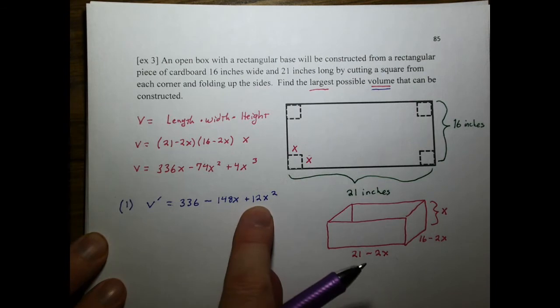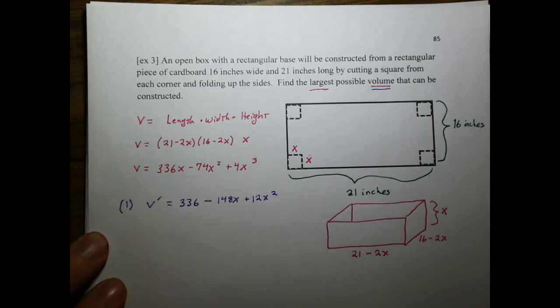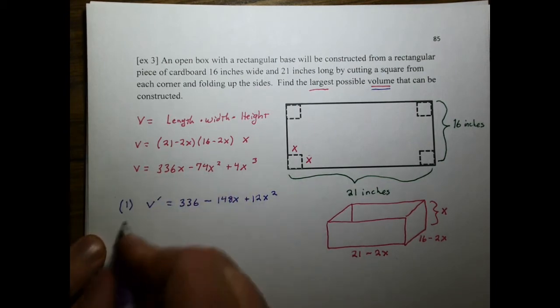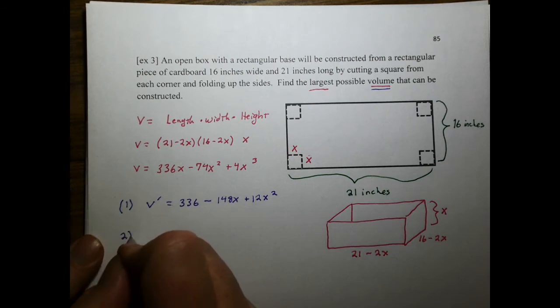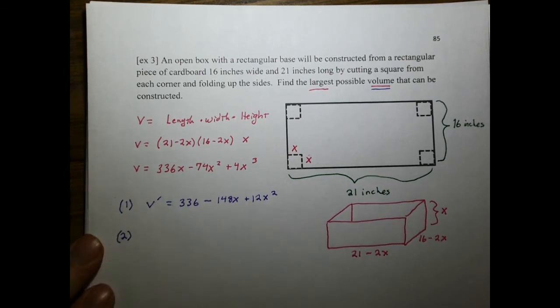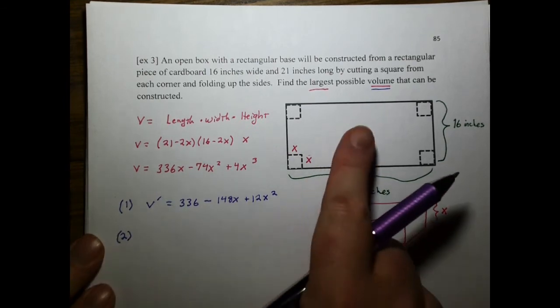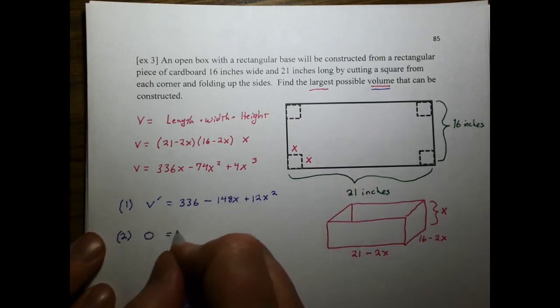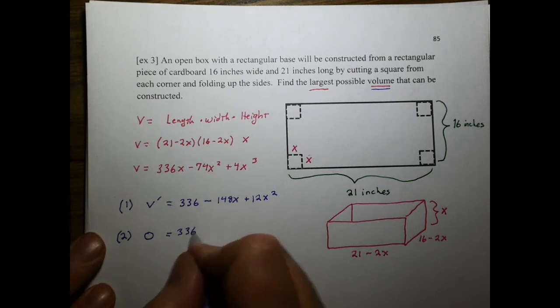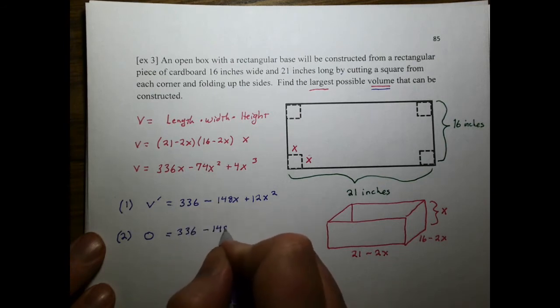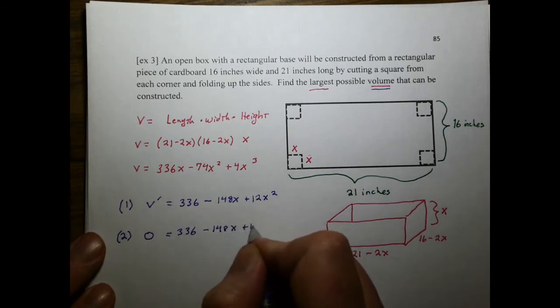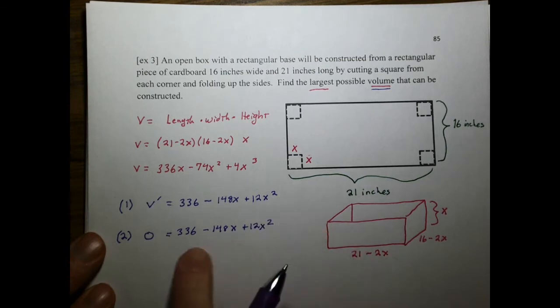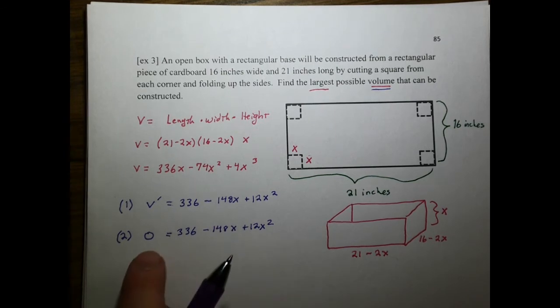So here is the derivative of this function. And if we want to find the potential maximums, we look for where the derivative equals 0, or where it's undefined. Now if you look at this function, there's no place where it's going to be undefined, but we can find where it's equal to 0.